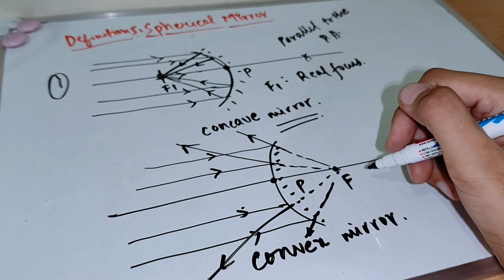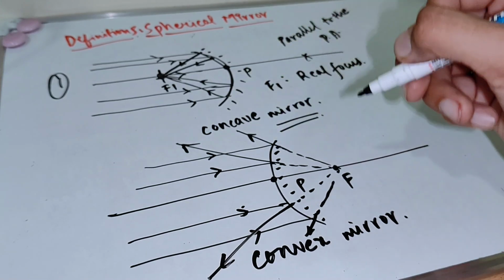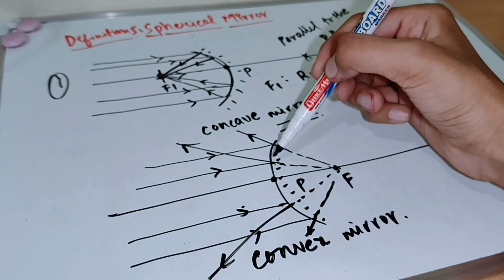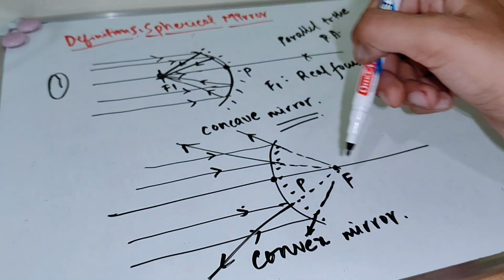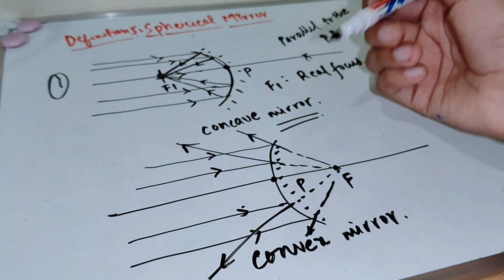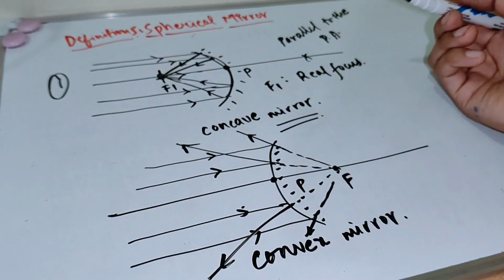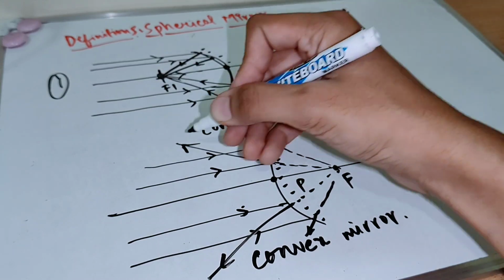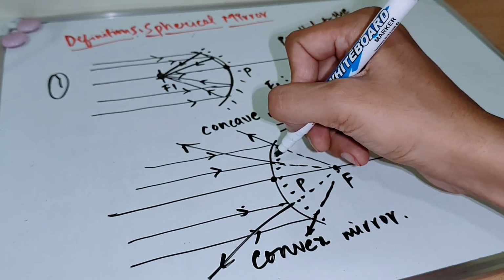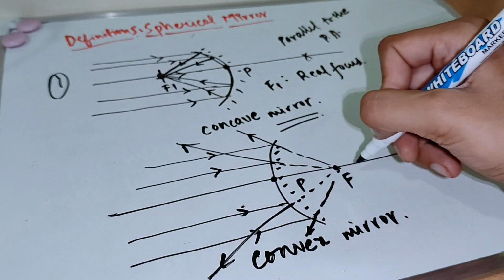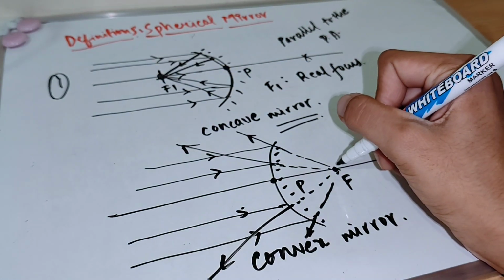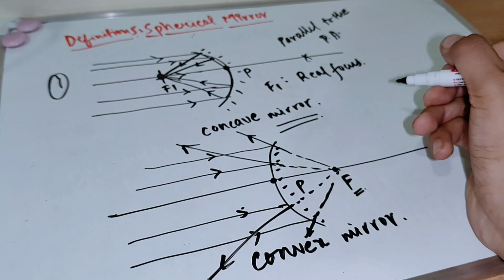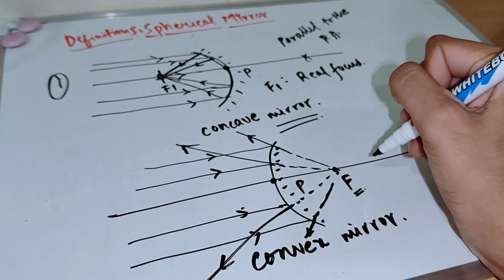Why? Because it must pass through the focus. Now when the light came like this, I cannot just pass it through the mirror, right? It has to bounce back. We are learning about reflection. So I turned it in a manner in which, if I extend the reflected ray, the line will meet at the focus. I know where the focus is. It is on the side of the center of curvature.